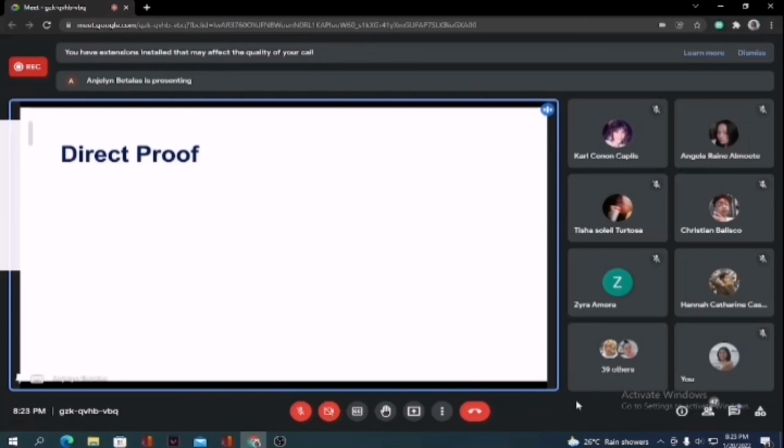So in that state, sa math class, we cannot accept example in proving a true statement. Pwede ra siya in proving a false statement, you give a counter example. Pero pag true statement, invalid ang example, di na siya acceptable.